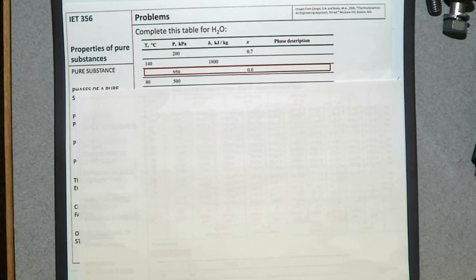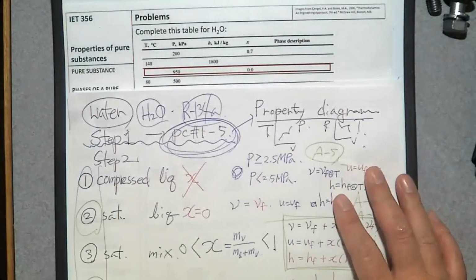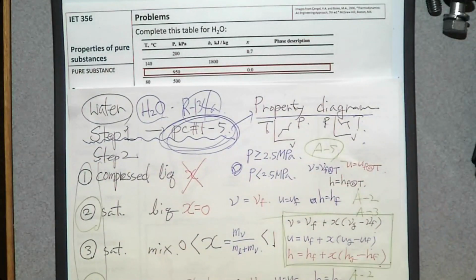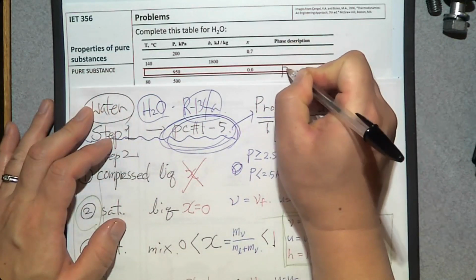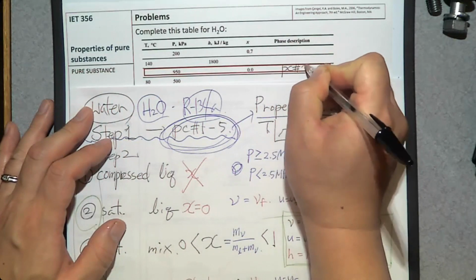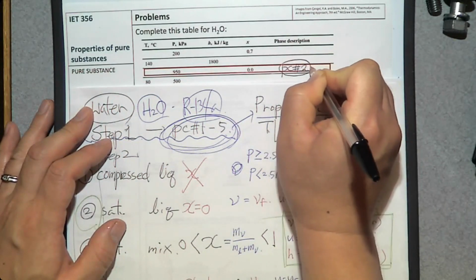What does it mean? Saturated liquid. If you go back to this summary slide, the quality X is 0 only when you have saturated liquid. So I don't have to make another property diagram. It is just saturated liquid. Phase change process number 2.